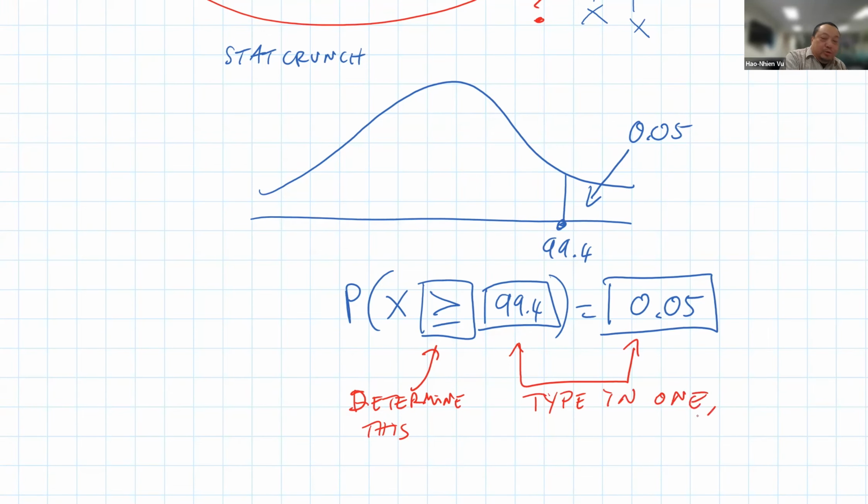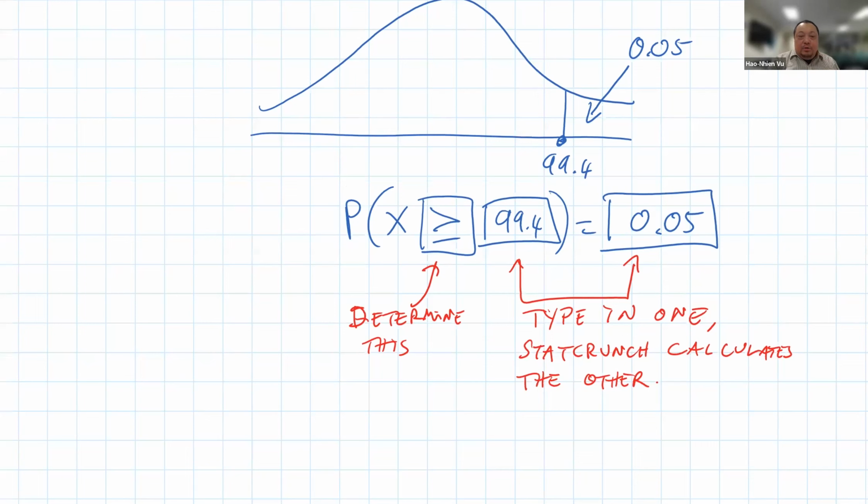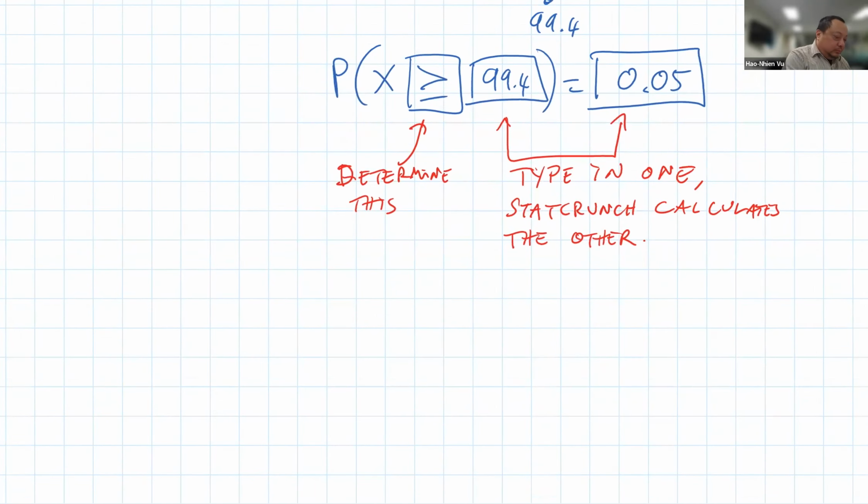In between the last two squares, you type in 1, StatCrunch will calculate the other. You type in the temperature or the number, you'll calculate the probability. But if you type in the probability and you leave the other number blank, it'll fill in. Okay, so depends on what the question is asking for. You determine what to type.